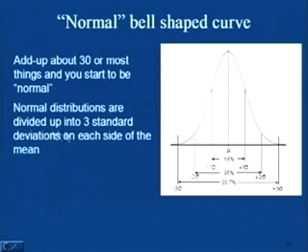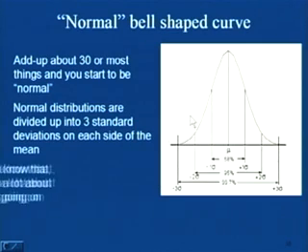Normal distributions are divided up to 3 standard deviations on each side of the mean, that I mentioned: this is 1 sigma, further 1 sigma and further 1 sigma. So, on each side means mean plus 3 sigma, mean minus 3 sigma.